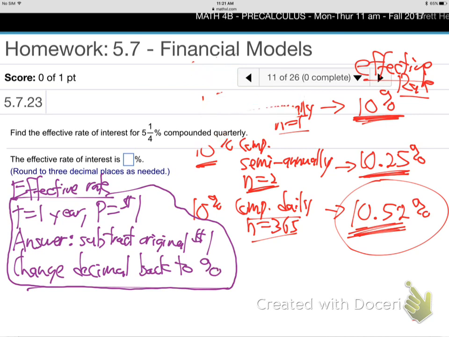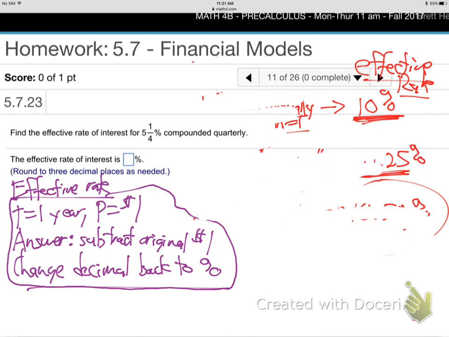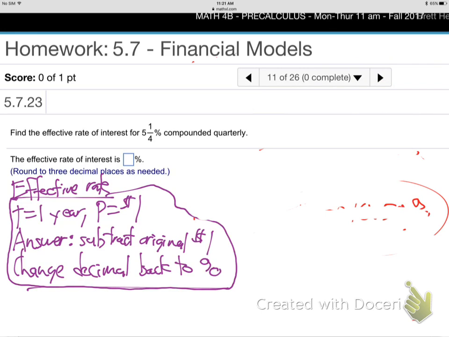So let me get this out of the way. Basically, if somebody's asking you to find the real effect of a certain percentage setup, first off, we're going to use the same two formulas we've been using all along. No new formulas here.